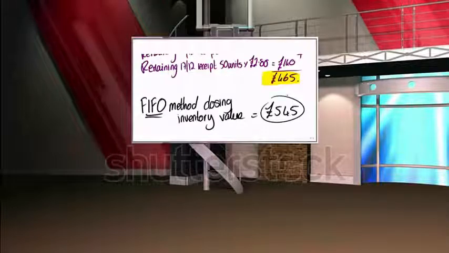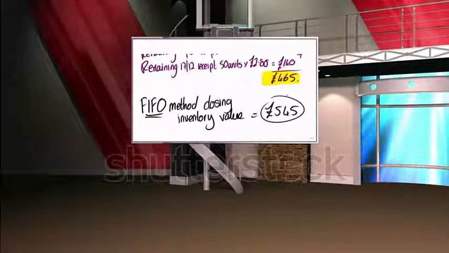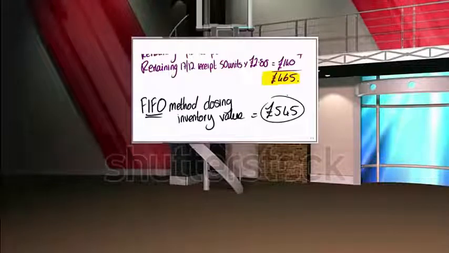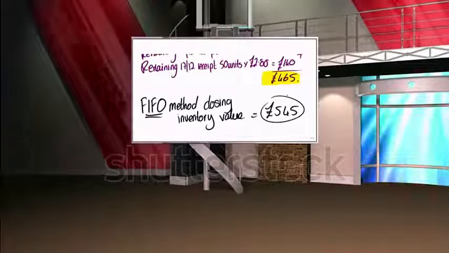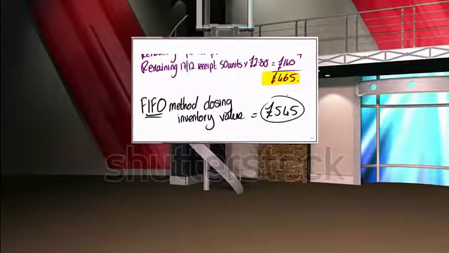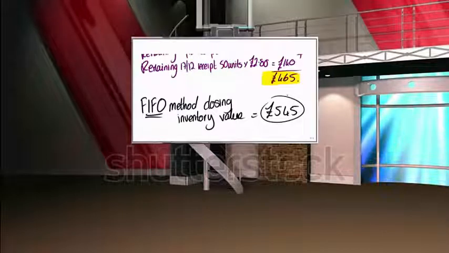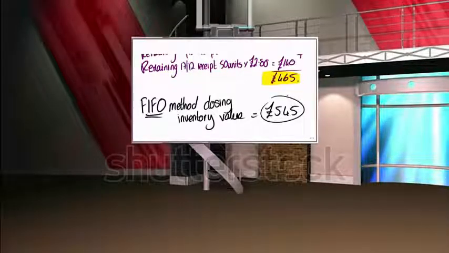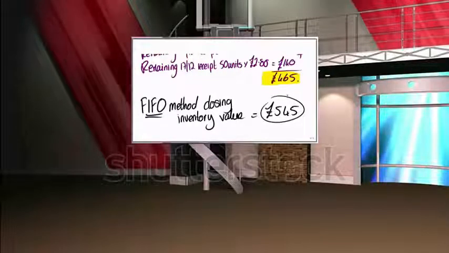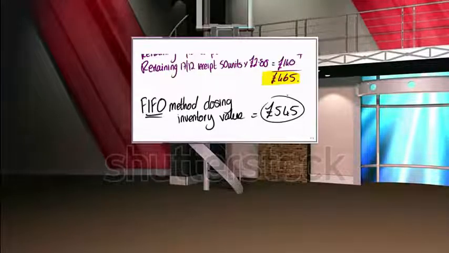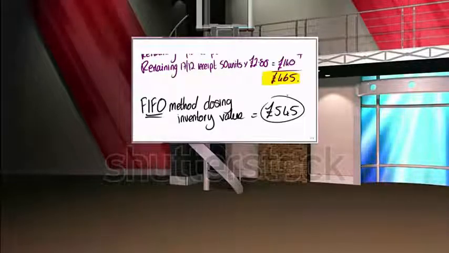Notice that under the FIFO method, the closing inventory value is much higher than it is under the LIFO method. Let's have a look back at the original information in the question so that we can understand why this is.